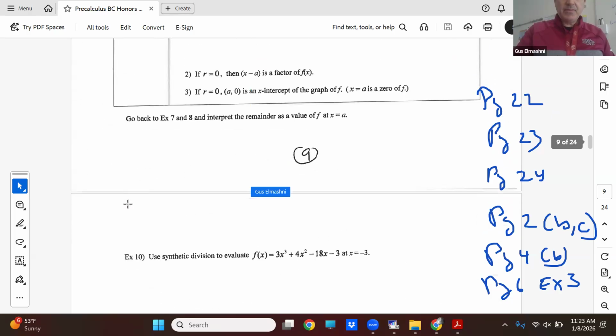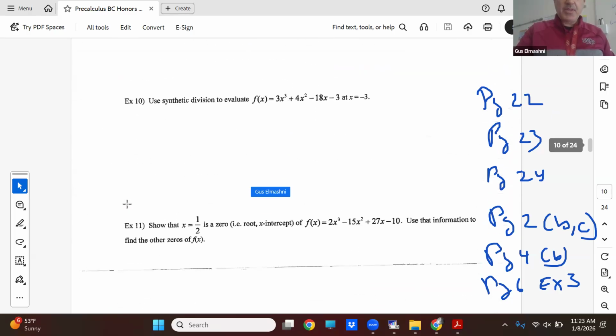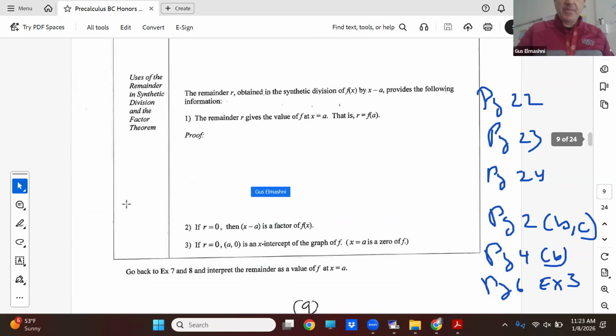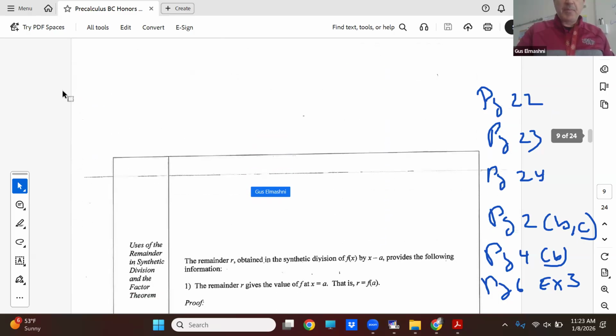Probably 8, yeah. And we'll say example 9. Page 9, example 9. Yeah, so that's 5, 6, 7, 8, 9, 10. So 10 problems. I think that's fair. Yeah, that's gonna be the homework. I'll post the Schoology right now. Actually, I'll take a picture.